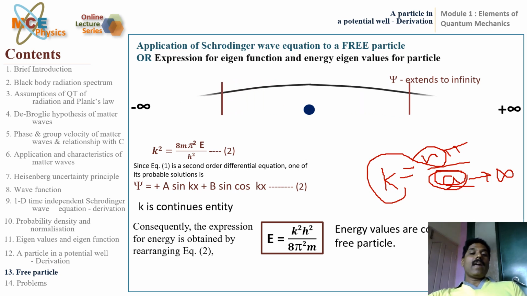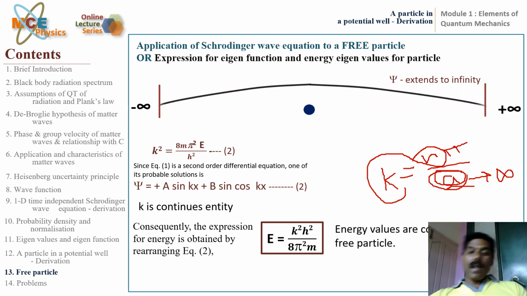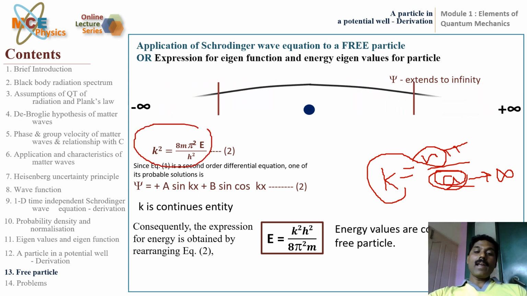And if you cannot determine the expression for k or the values of A and B by not knowing the boundary conditions, we cannot continue the derivation of the expression for energy from this point. So the other way which we are left with is the rearrangement of this equation. On rearranging, what do you get?